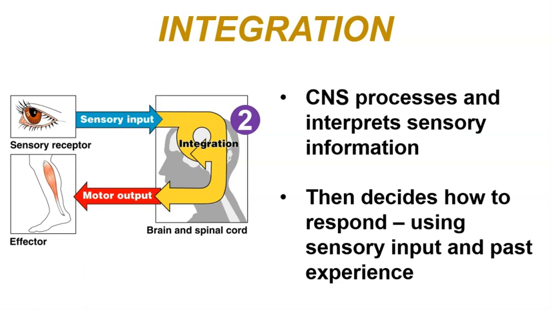The central nervous system will then decide how to appropriately respond to that sensory information using both the sensory input that it is currently receiving, as well as any relevant past or learned experience in order to shape or modify the response that's being carried out by the body.